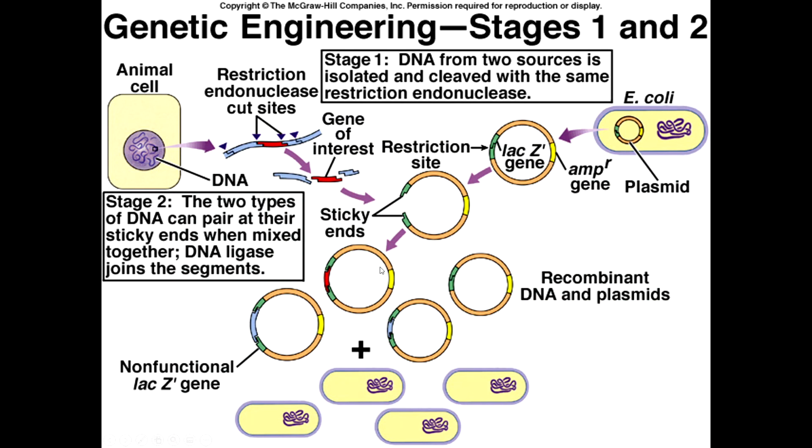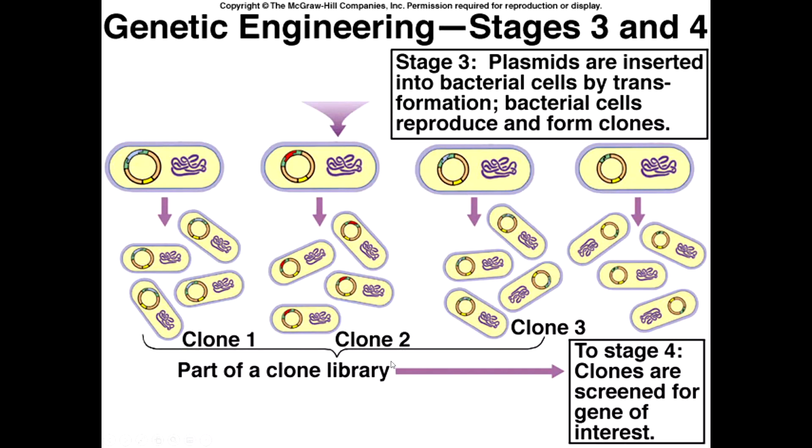We're looking for this one. So how do we find it? So the first thing we do is we take all the plasmids and we hopefully transform the bacteria so they take them up. And then in stage 3, after these plasmids are inserted into the bacterial cells by transformation, we let the cells reproduce and form clones. So now we have all these clones, and now on to stage 4 where we're going to screen for the gene of interest.